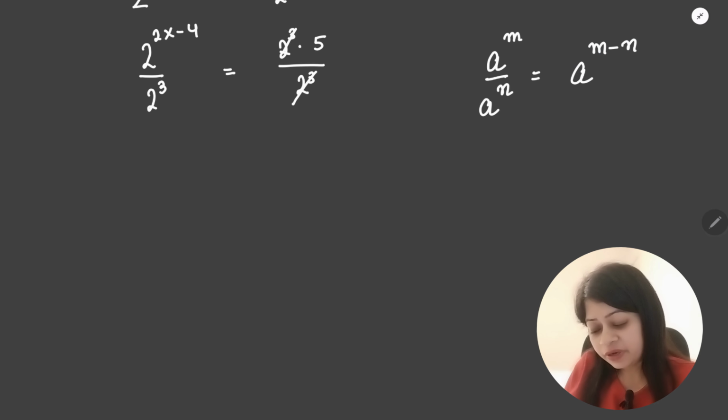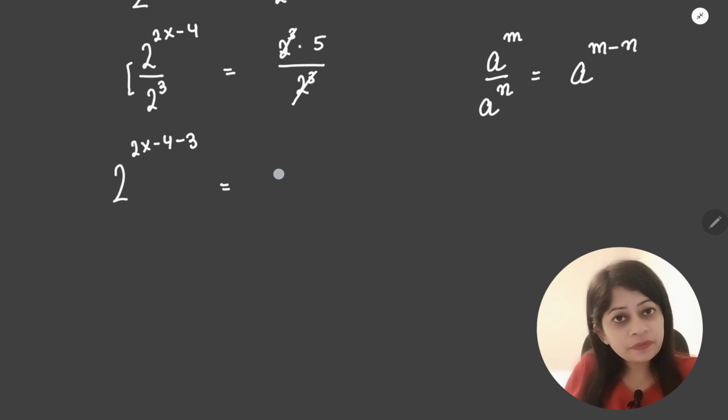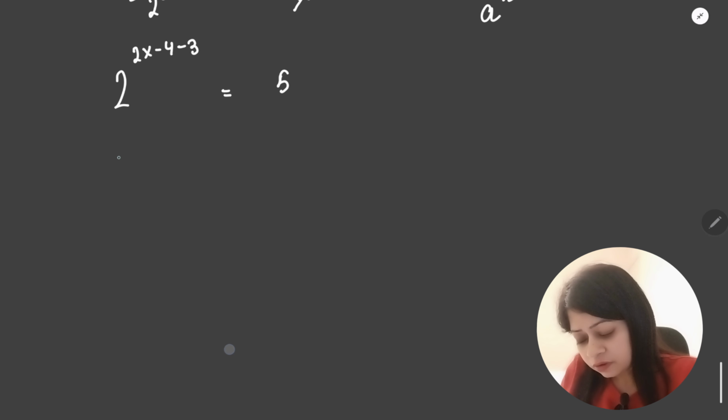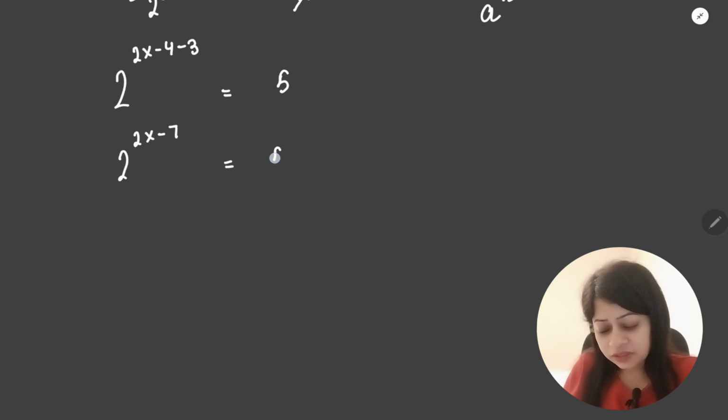So this left hand side can be written as 2 raised to power 2x minus 4 minus 3 is equal to 5. Here now we have 2 raised to power 2x minus 7 is equal to 5, right?